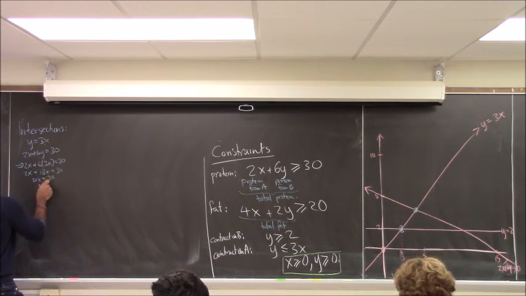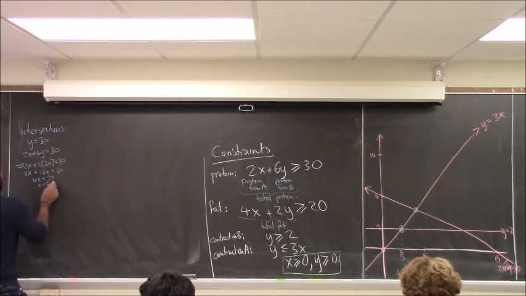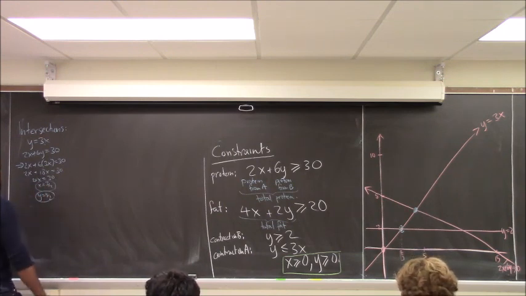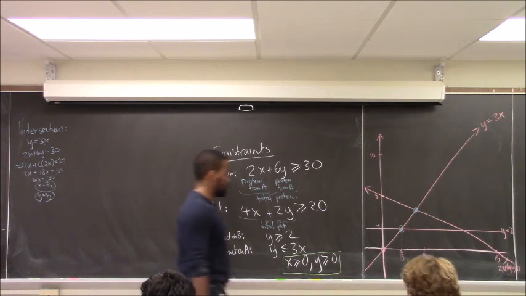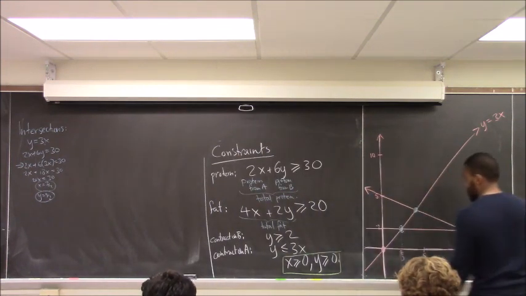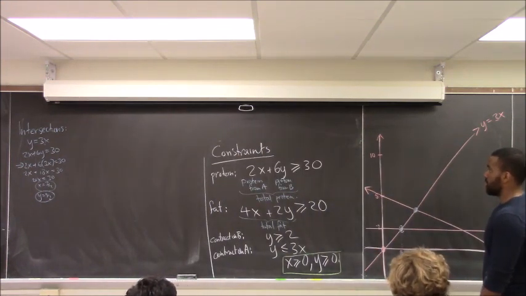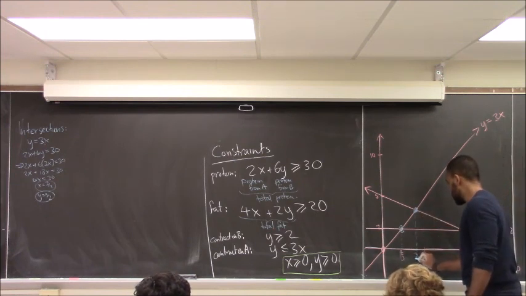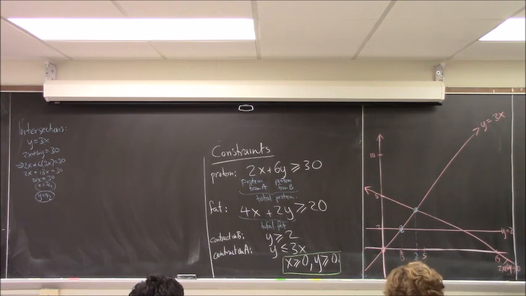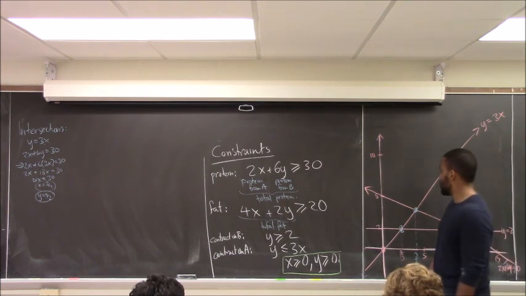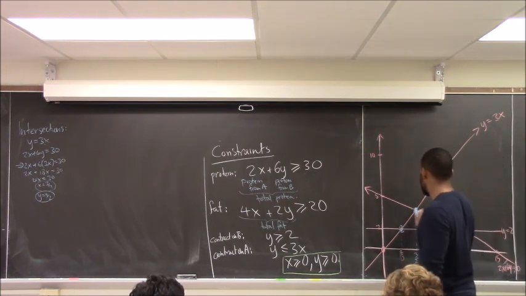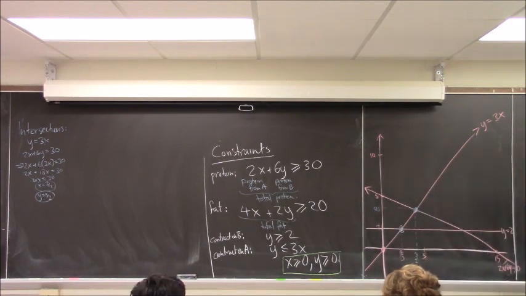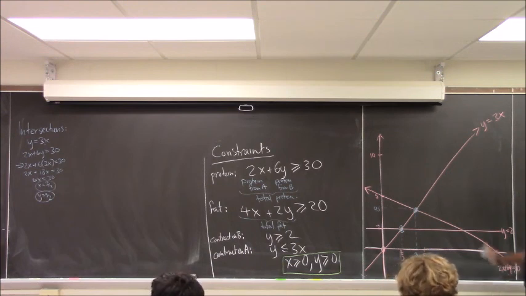So x will be 3 over 2, and y would be 9 over 2, that's 3 times x. So 3 over 2 is definitely less than 5, and the y will be 9 over 2, which is 4.5. So that's going to be below here, 4.5. That makes sense.